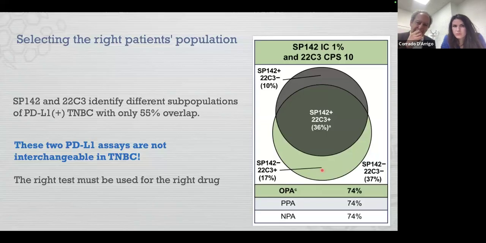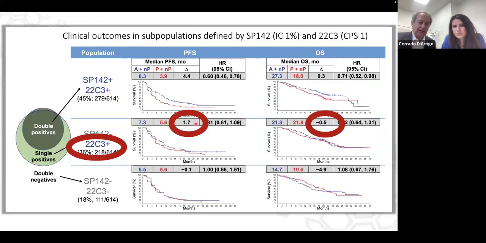Although this is a little bit disingenuous, because the 22C3 threshold here was set at CPS 1, while now the CPS threshold is 10. Nevertheless, if you select for 22C3, there is no difference in the 2 arms. But if you select for 142, there is a difference.